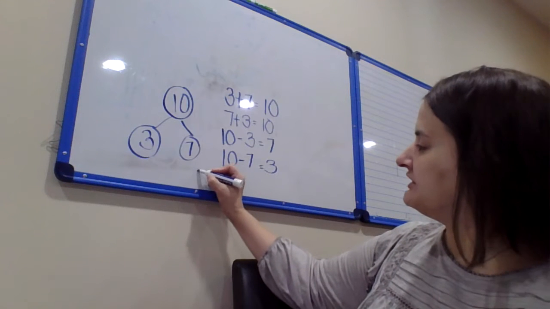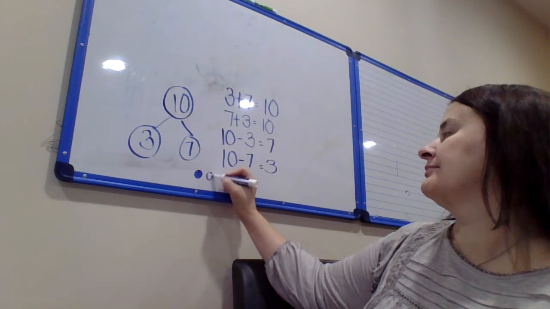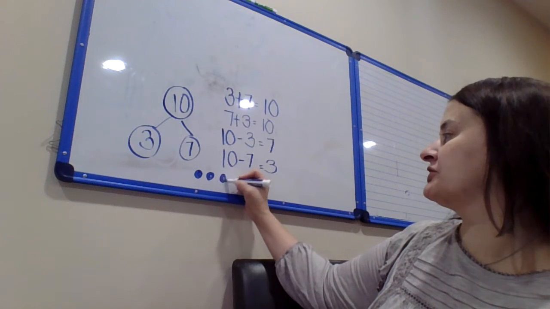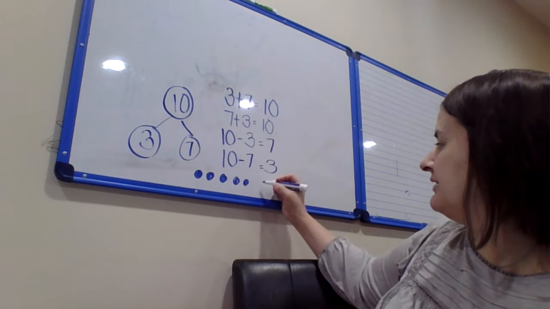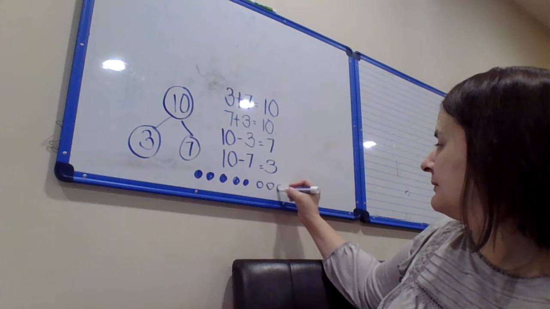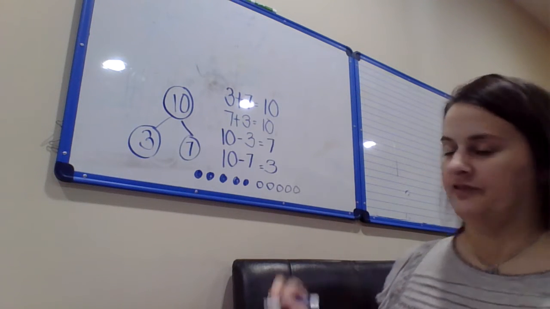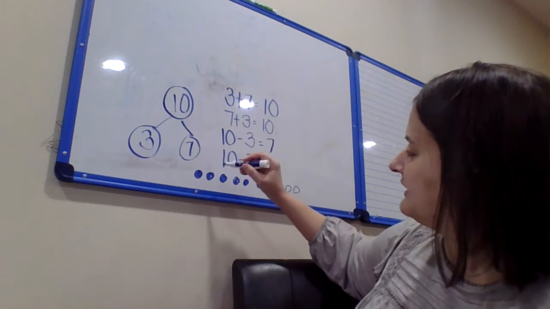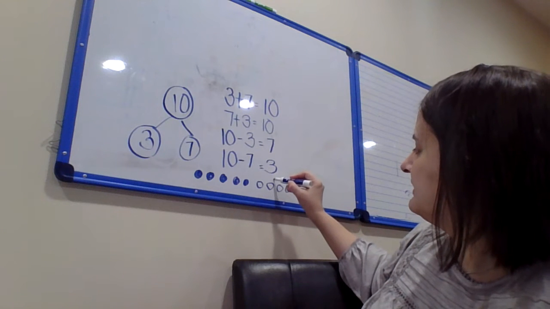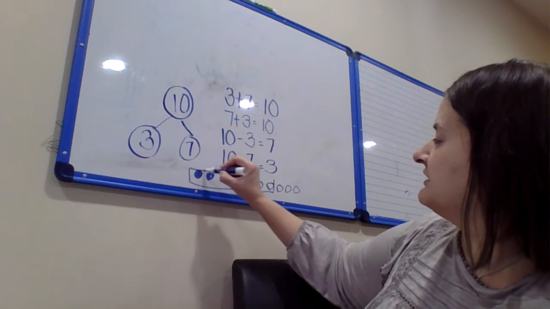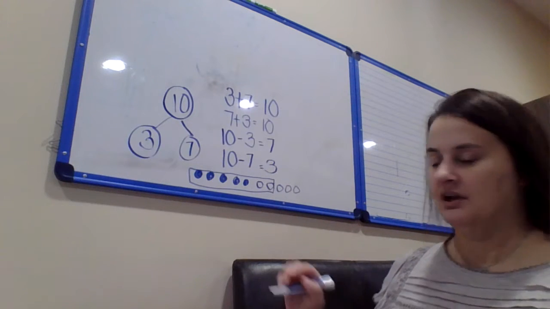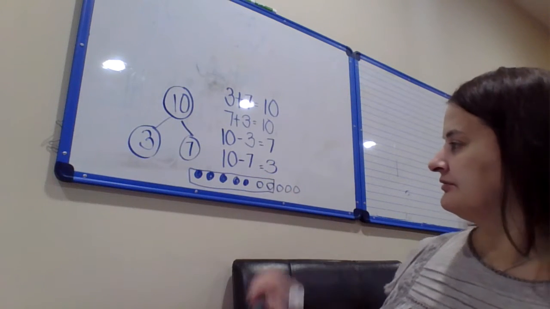So I can prove this with a picture. I'm going to make my 5 groups picture. There's 5 and 5. And I can section off 7, 5, 6, 7. I can section off 7. And I have 7 and 3.